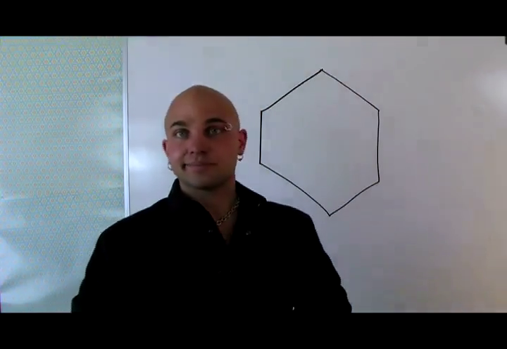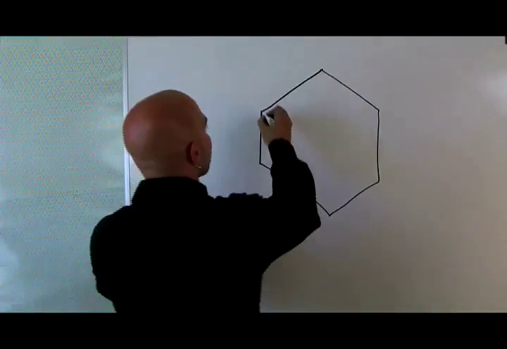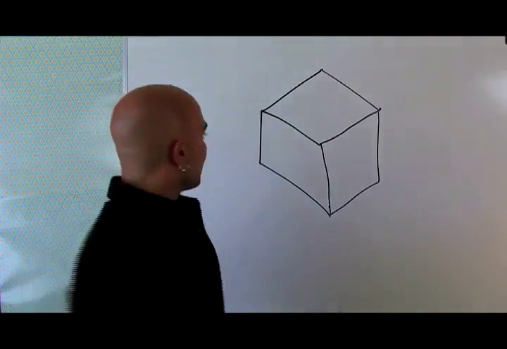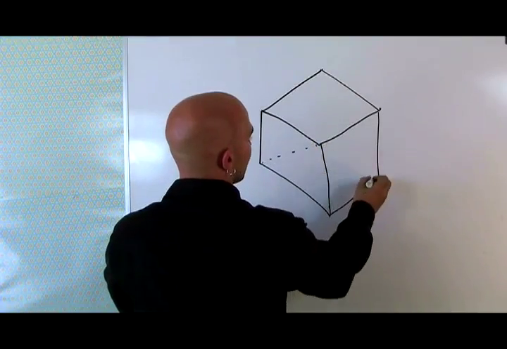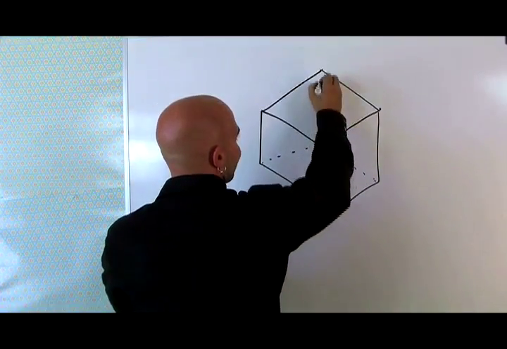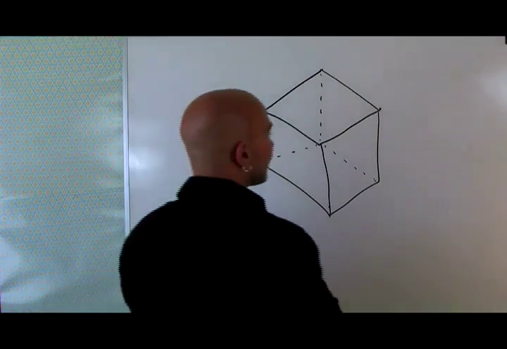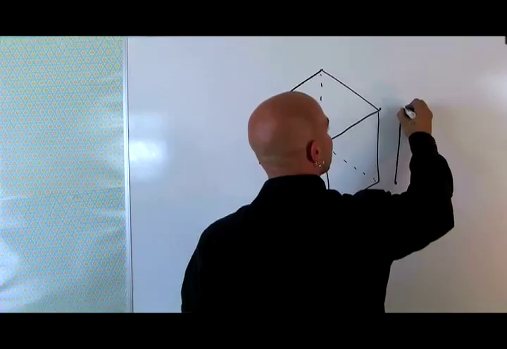There's a hexagon. There is a cube. I'll draw it a little different for you, just in case you can't see it.